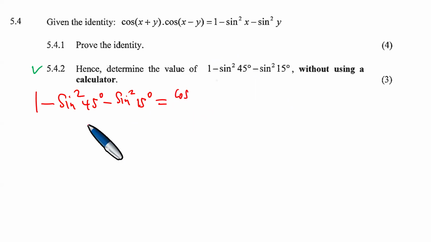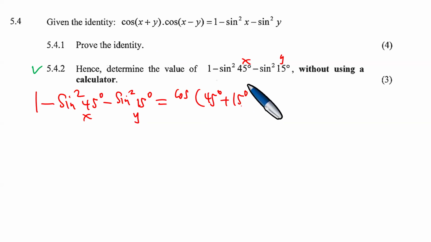is the cosine. At this point, if this is like an x and that is like a y, then on the other side it's going to become the sum of the x and y. So it's going to be 45 degrees plus 15 degrees. We're adding up the x and the y, and we multiply by the cosine of the difference, so it's 45 minus 15 degrees, like so.